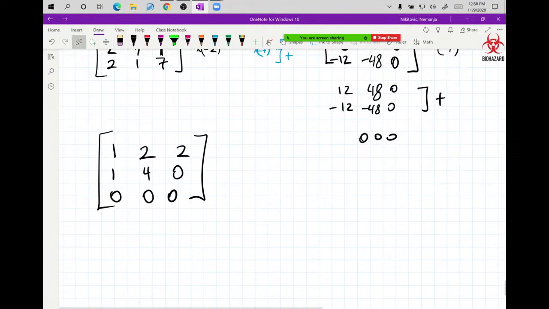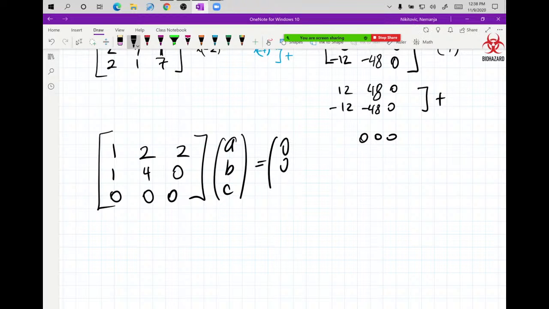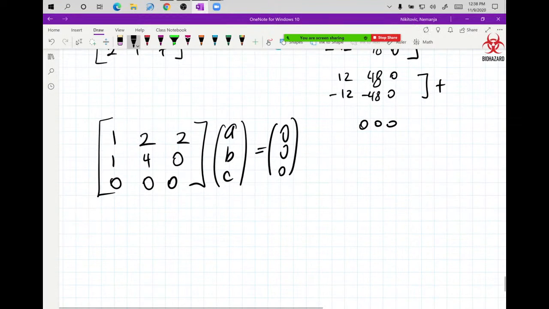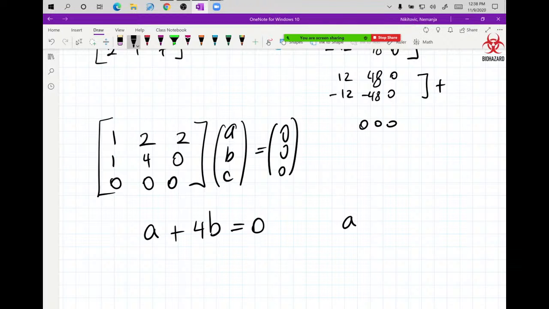Now, when that is multiplied by ABC to give you 0, 0, 0, you have A plus 4B equal to 0, and you have A plus 2B plus 2C equal to 0.